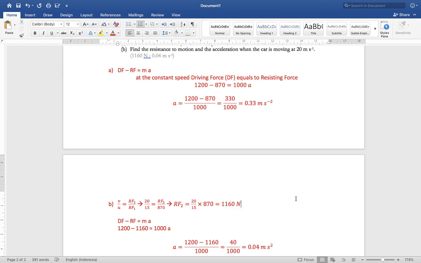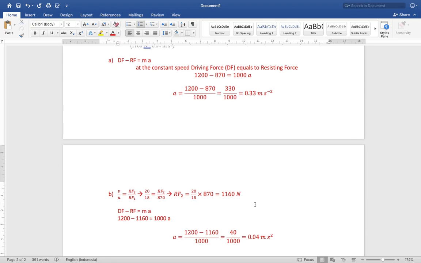The ratio of velocities equals the ratio of resisting forces. So 20 divided by 15 equals the resisting force divided by 870. Calculating this, we get 1160 Newton.